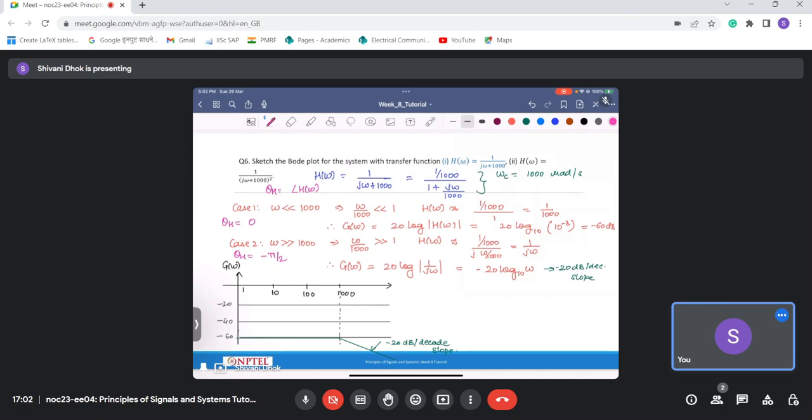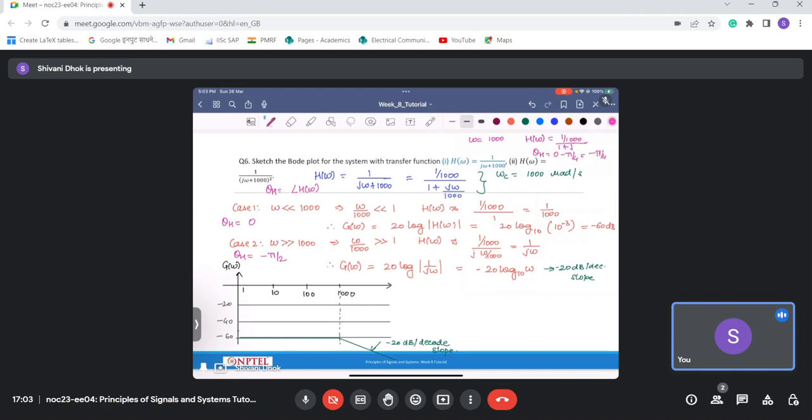And suppose omega is equal to 1000, then H of omega is equal to 1 by 1000 divided by 1 plus j. So the angle theta H is the angle of 1 by 1000, which is 0, minus the angle of 1 plus j. This won't be j omega, this would be j because omega is equal to 1000. So 1 plus j has an angle of pi by 4, so this is equal to minus pi by 4.